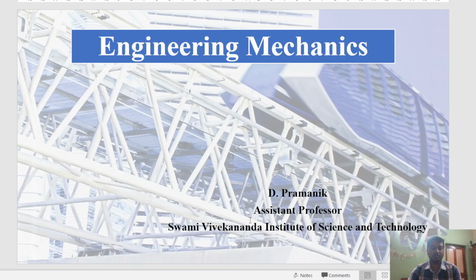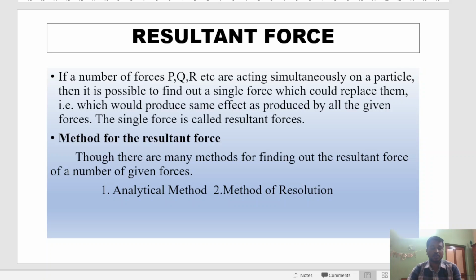Suppose several forces are acting on a point of a body in different directions. Instead of analyzing all of them separately, we can find out one equivalent force that represents their combined effect. This is called the resultant force.